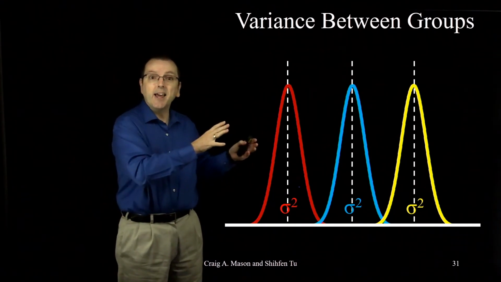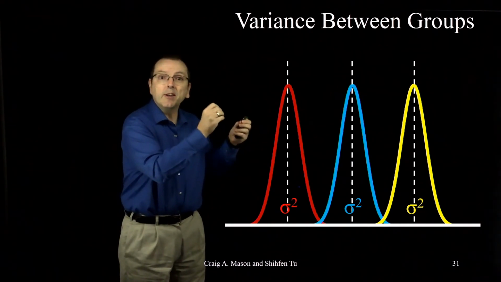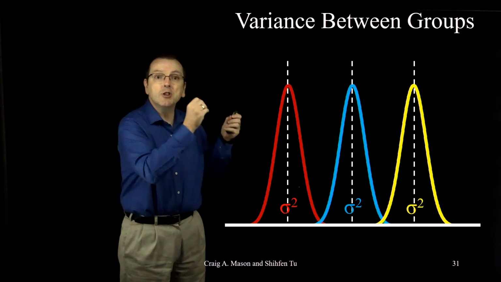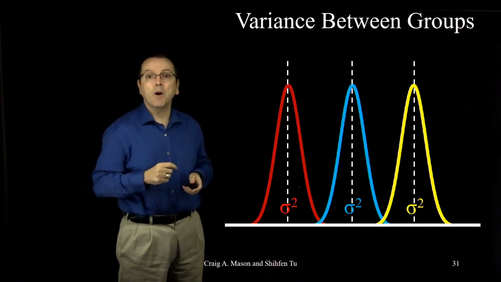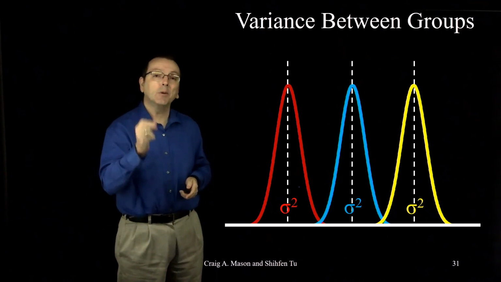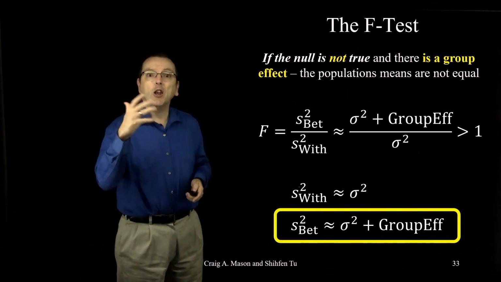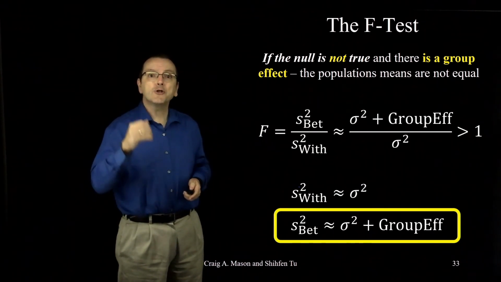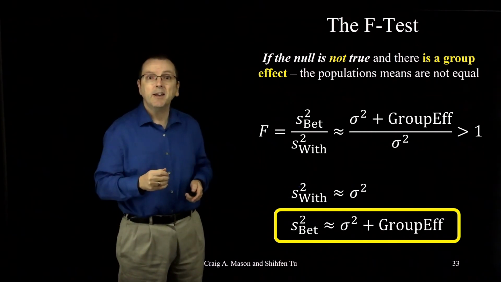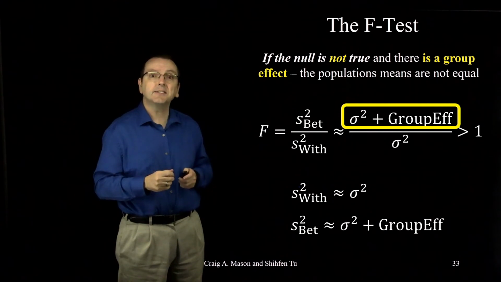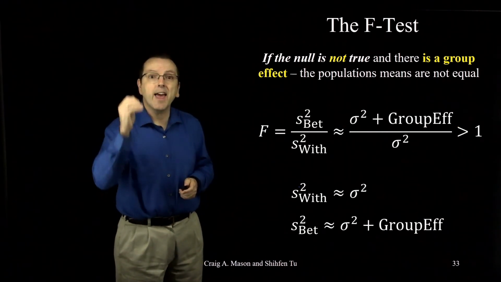Now, in this case, it's no longer equal to 0. And the bigger the differences between means, the larger the group effect will be. So what does that do to our variance between and the value of our F statistic? Well, you can see that the larger the group effect, the larger the variance between. And given the variance between is in the numerator of our F statistic, the larger the variance between, the larger the F statistic.